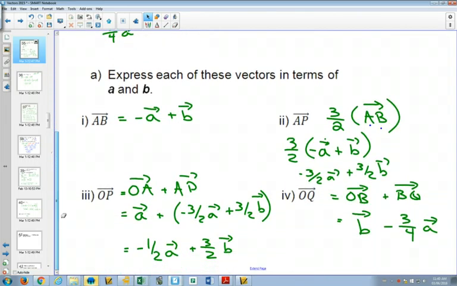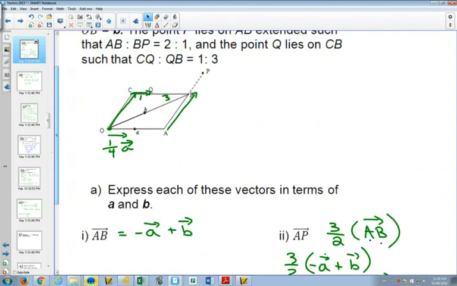So putting that together, oh, I wrote it different here. Okay, I'll show you this one. What I've got here, another way of doing it is thinking of going from O to B first, and then going backwards, and now this would be 3/4 of vector A. So either way, you could use the green route.